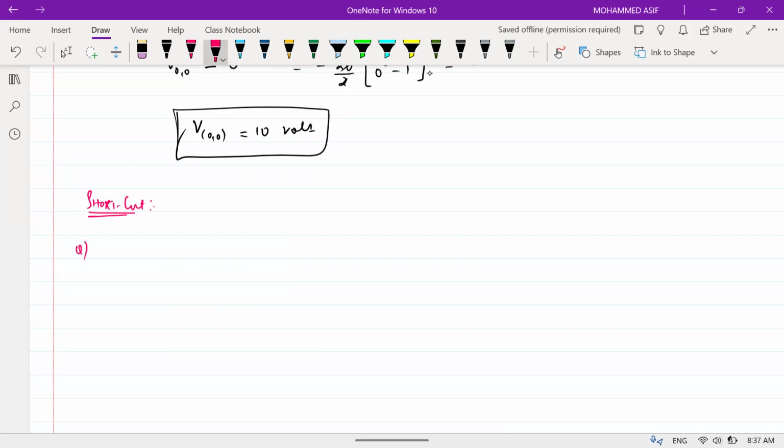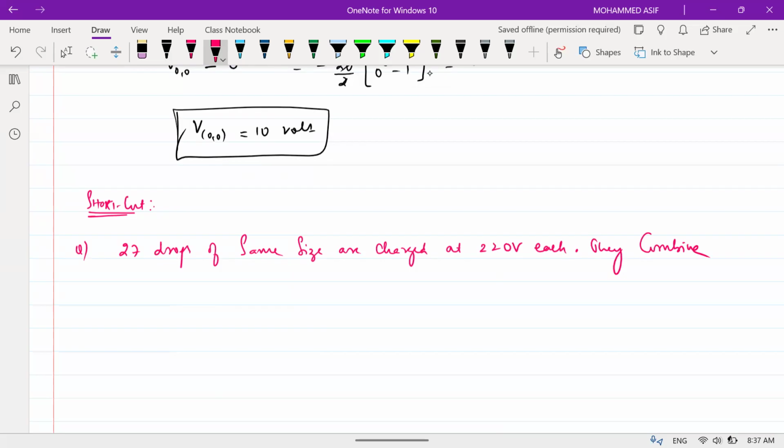See this question better. We have 27 drops of the same size charged at 220 volt each. They combine to form a bigger drop.